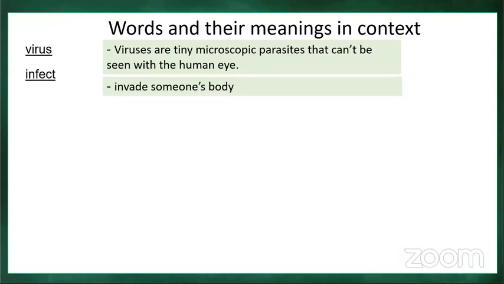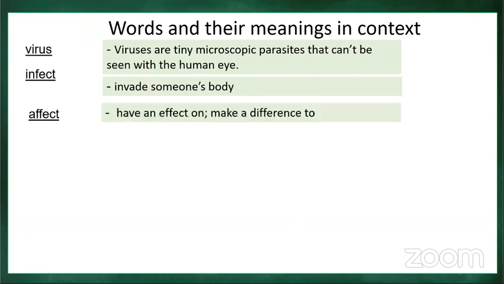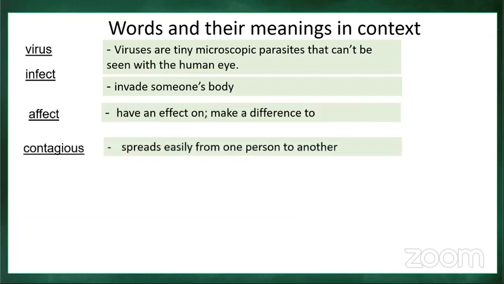What does infect mean? To invade somebody's body. Affect. What does affect mean? The whole world is affected. It has an effect on or makes a difference. What does contagious mean? Spreads easily from one person to the other.